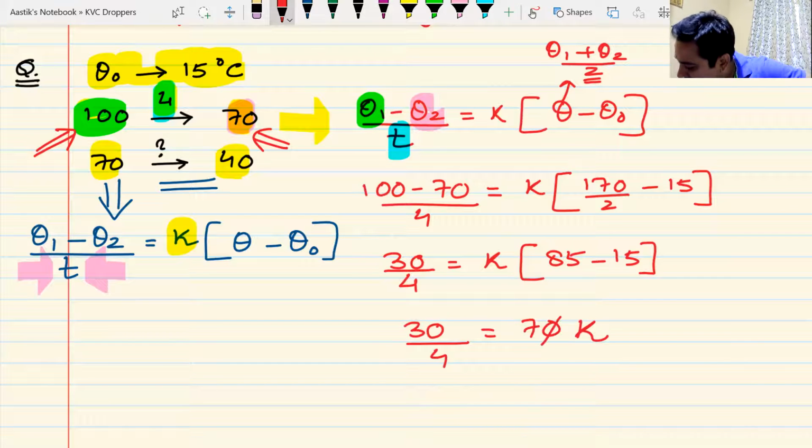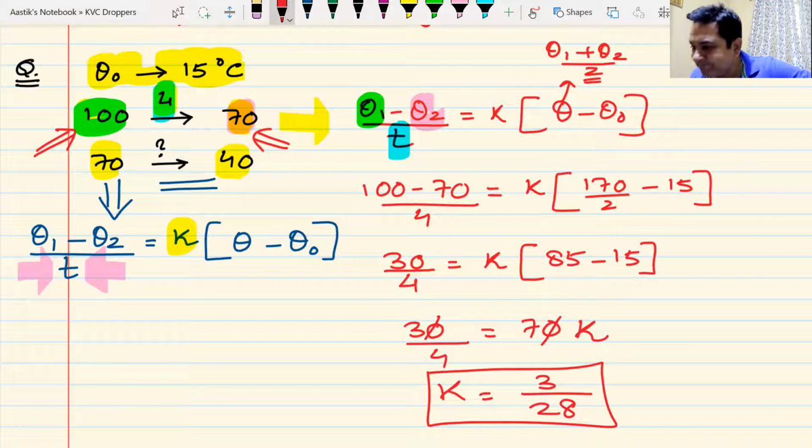From here, I can get the value of k. It was a genuine mistake. 3 divided by how much is 7 into 4? 28. So k is 3 divided by 28. Thank you. Can you now give me the answer?